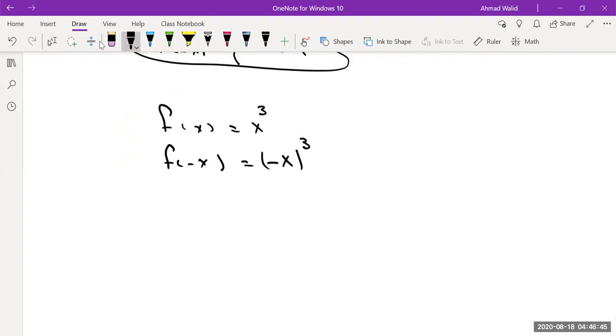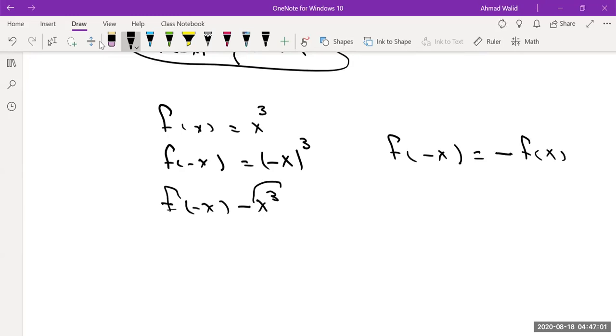That means f of negative x equals negative x cubed. You see, your f of negative x equals the negative f of x. They are the same. The only difference is this negative, right? Then I say this function is odd.